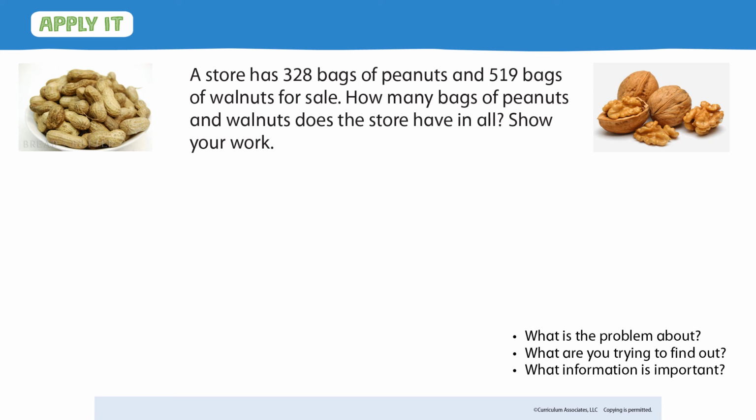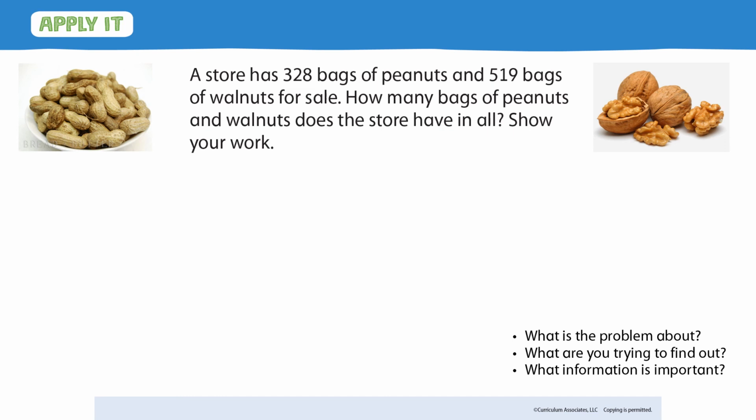And what is it that we're trying to find out? We need to know how many bags of peanuts and walnuts does the store have to sell? And what information is important to be able to answer that question? We have to know how many peanuts and walnuts there are.